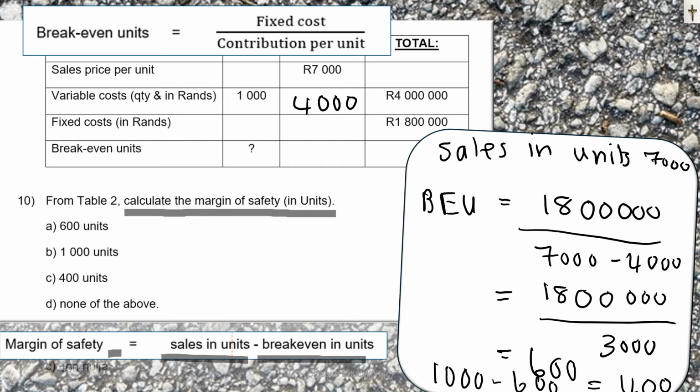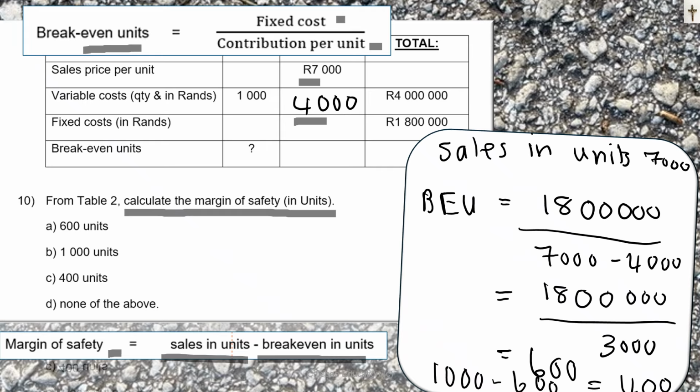How did we calculate break-even in units? We said fixed cost divided by the contribution per unit. Remember, how do you calculate contribution per unit? You take the sales price per unit minus the variable cost per unit.